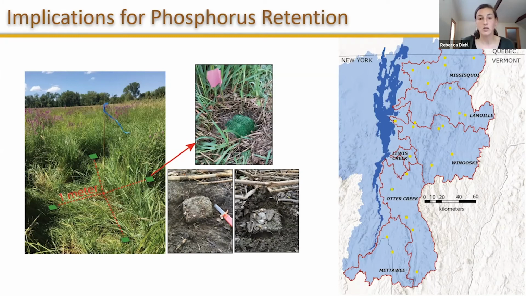Those are shown here with these yellow dots. They're distributed throughout all the major contributing drainage basins. They're on small rivers, large rivers. They represent a huge environmental gradient of what we see in the basin: steep gradients, shallow gradients, and so on, different land uses.